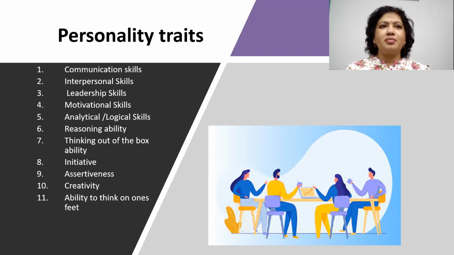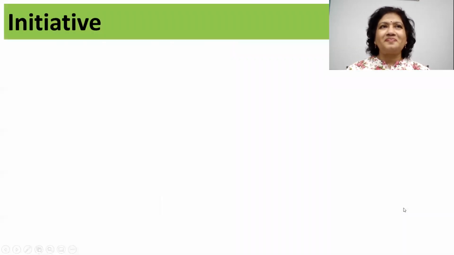Initiative. Are you able to take the initiative in the beginning or in between also? Assertiveness. Creativity, not in drawing, but creativity in putting the point on the table, on the table means to the group. Ability to think on one's feet means your thoughts should be yours, not somebody else's.